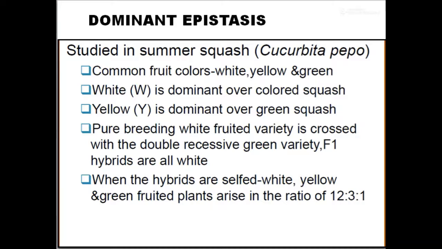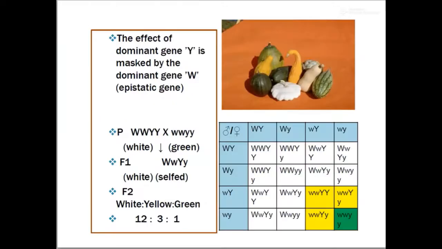And when the hybrids are selfed, what happens? White, yellow as well as green fruited plants arise in the ratio of 12:3:1. Now just have a look at that. These are the different varieties of the Cucurbita.